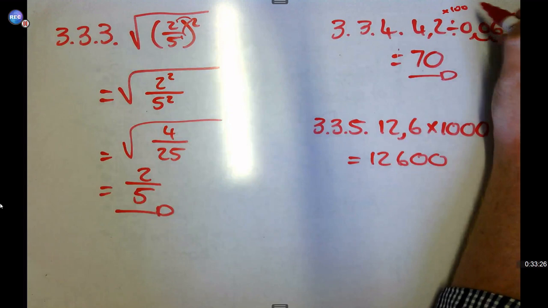The LCD for these fractions, you just multiply the 8 by 6 and the 6 by 8, and that will give you 48. So our LCD is 48. So we say times 6 times 8.